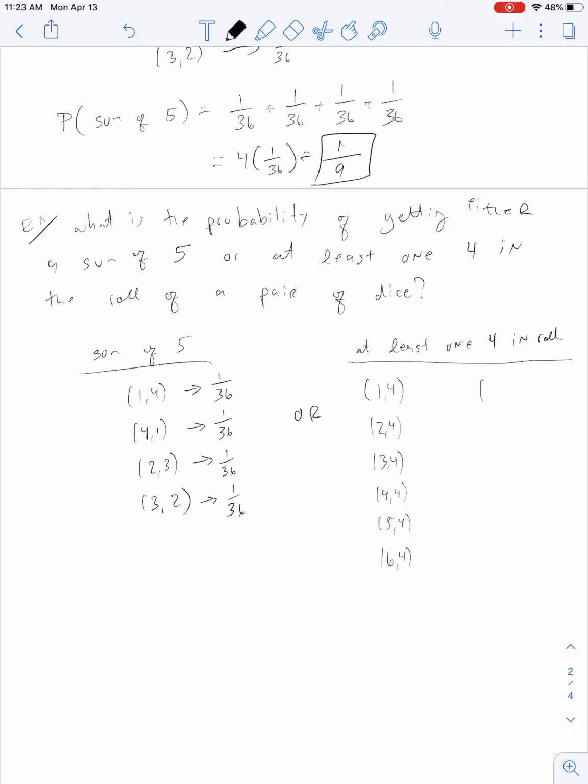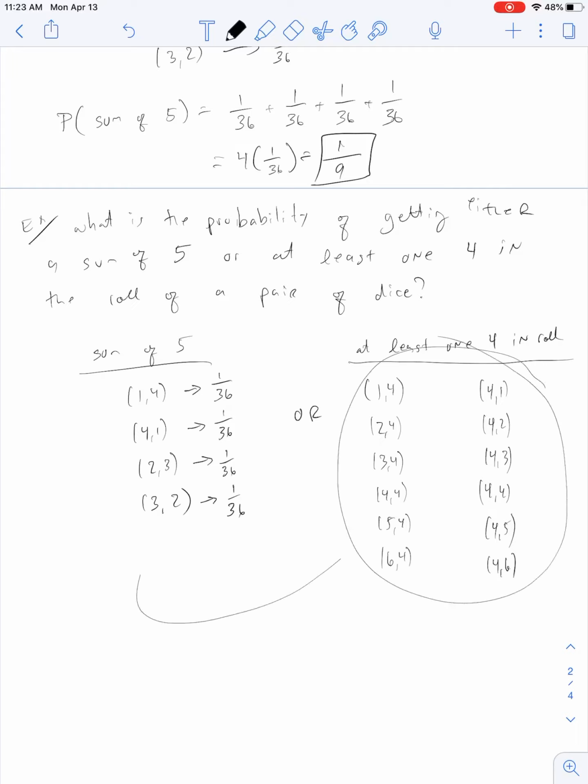Or it can be the other way, right? It can be 4 1, 4 2, 4 3, 4 4, 4 5, and 4 6.